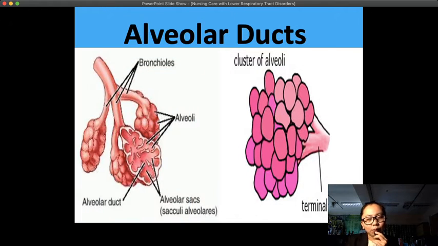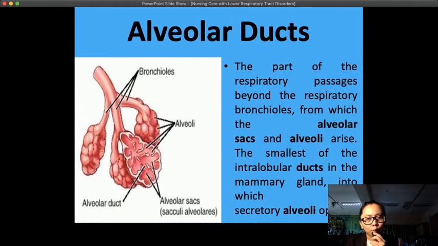So, what are the alveolar ducts? You already know the bronchioles. And then this is the alveoli, and this is the alveolar duct, and the alveolar sacs, with the cluster of alveoli, and this is the terminal bronchiole. So what is the function of the alveolar ducts?